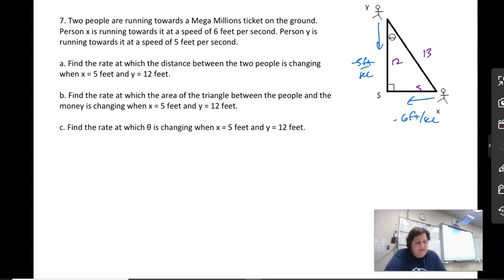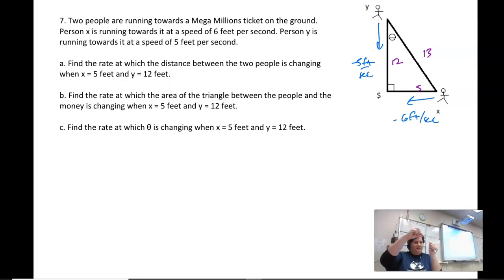Now the difference with this one is all the variables are changing, because the two legs are changing as the people get closer and closer together. So when I use the equation x squared plus y squared is z squared, they're all variables.